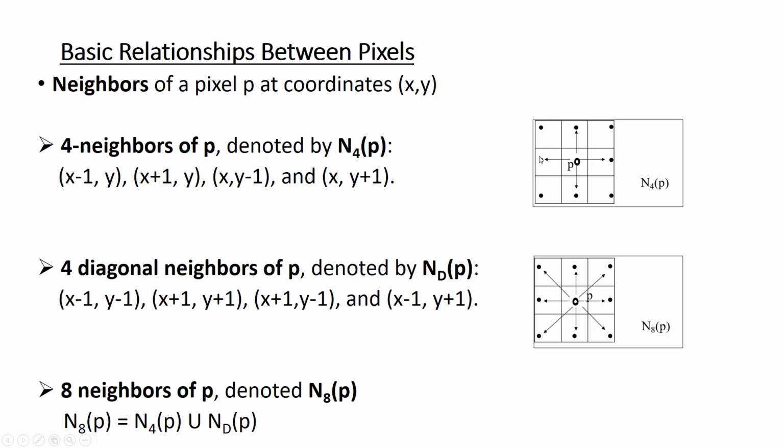This set of four pixels is called the four neighbors. This is (x+1, y), this is (x-1, y), this is (x, y-1) and (x, y+1). These four pixels are called the four neighbors, denoted by N4(P).